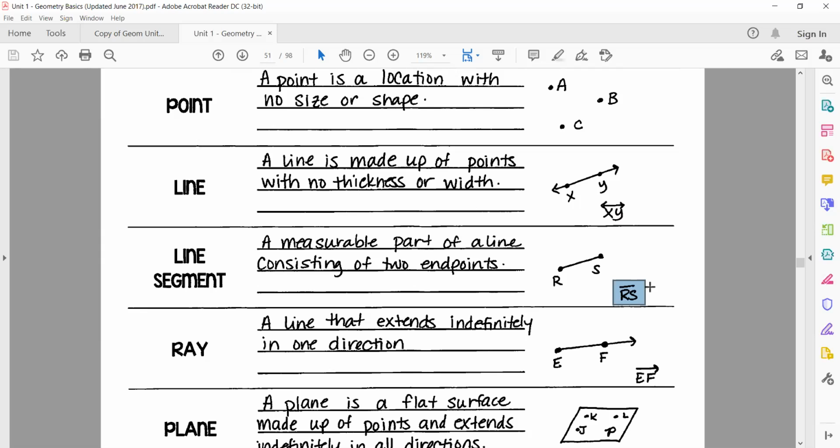Well, you have to know how to draw that out, and it would look like this with two endpoints. So if you were asked what's the difference between a line segment and a line, the easy answer would be line segments have beginning and endings. Lines go on infinitely. And the way they're shown graphically is different.